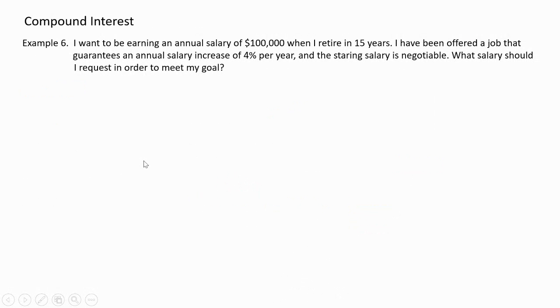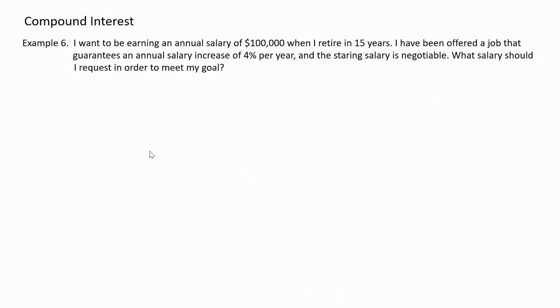Okay, there's another example here. Example 6. Let's say that I want to be earning an annual salary of $100,000 when I retire in 15 years. I have been offered a job that guarantees an annual salary increase of 4% per year, and the starting salary is negotiable.